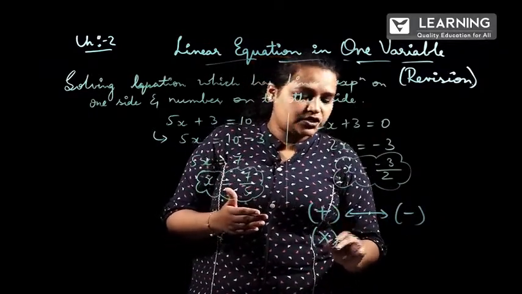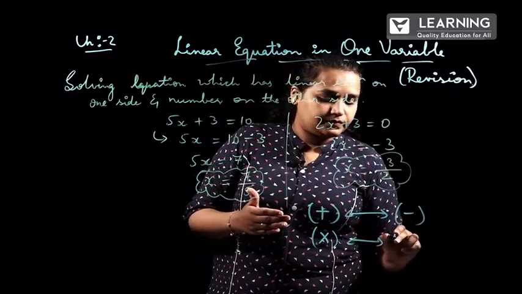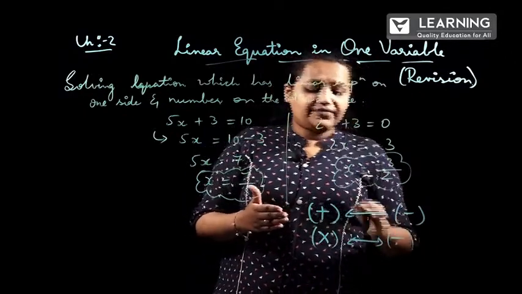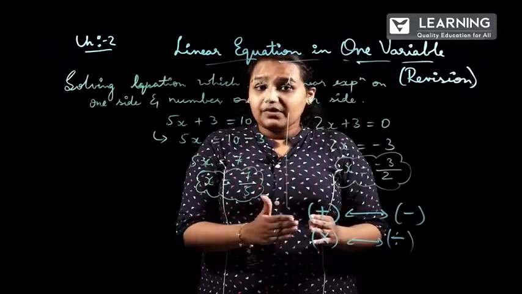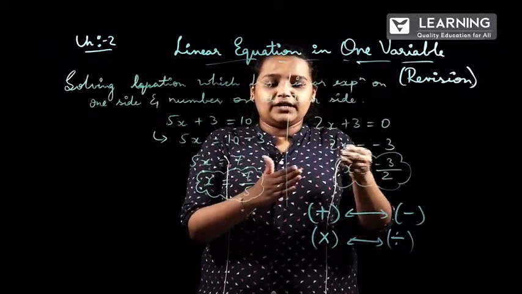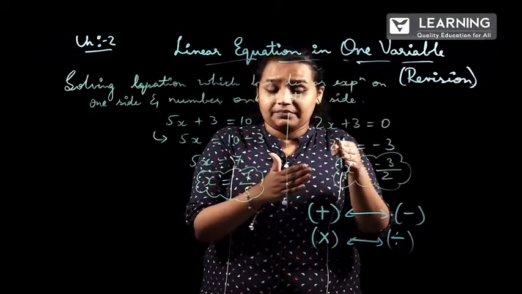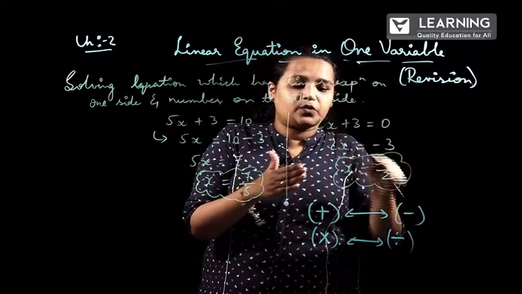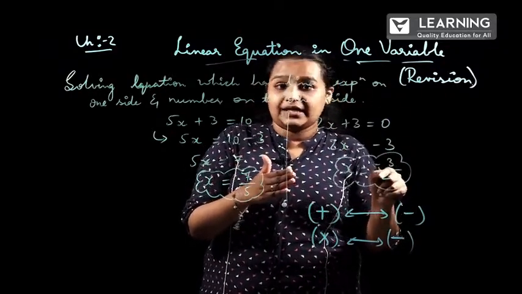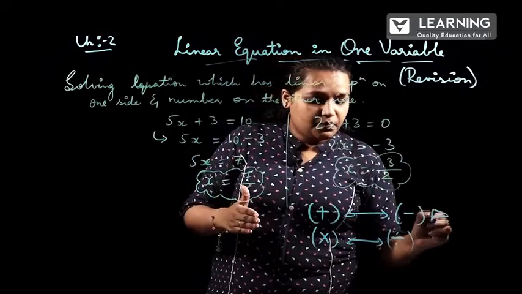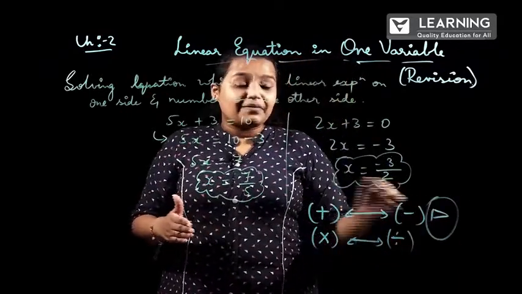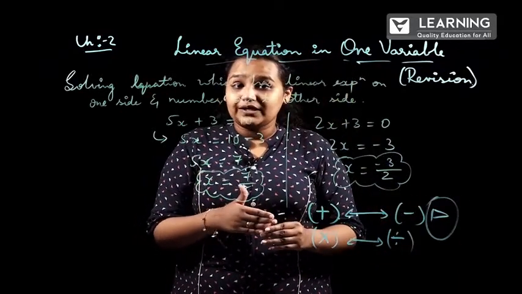Likewise, multiplication and division. If you are multiplying a number with a variable, here only you can see, here 2 is multiplying with a variable, and when it is shifting to the other side, it will become division. This is how. It is very important. You have to remember this whenever you will be solving the problems.